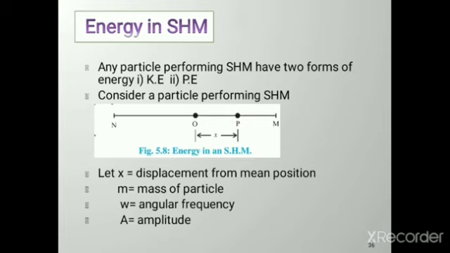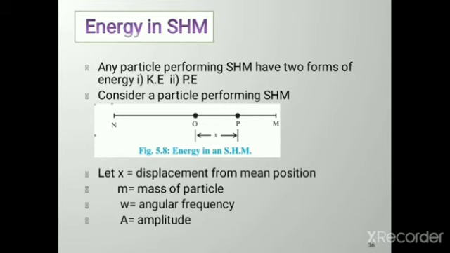As the particle performs its motion, it possesses both kinds of energy, kinetic energy as well as potential energy. So let us consider a particle performing SHM. O is the mean position and MN is the path of SHM.